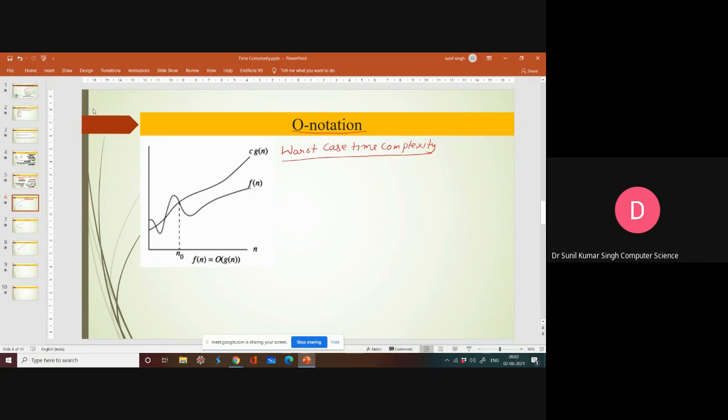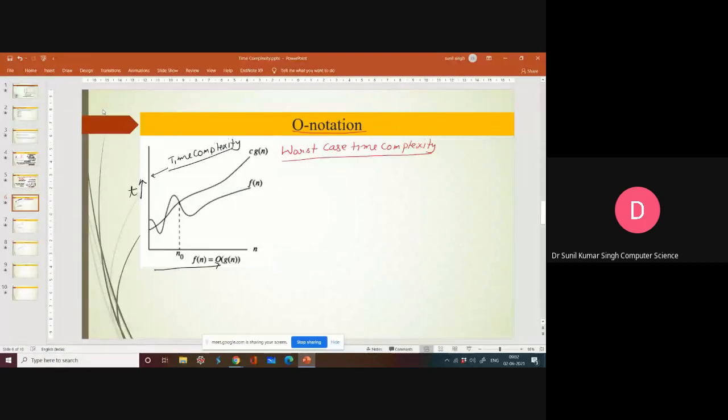Let me complete it first. So big O notation is used to represent the worst case time complexity, and here the y-axis again represents the time complexity, and the x-axis indicates the input size of the algorithm, where n is a natural number, so maybe 0, 1, 2, 3 and so on.